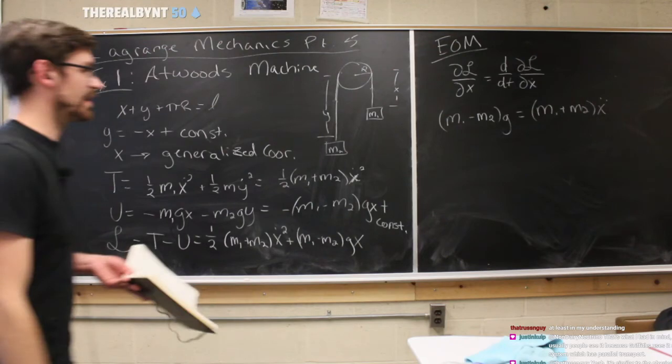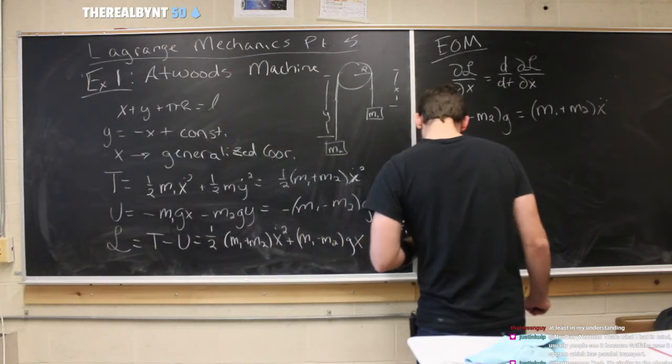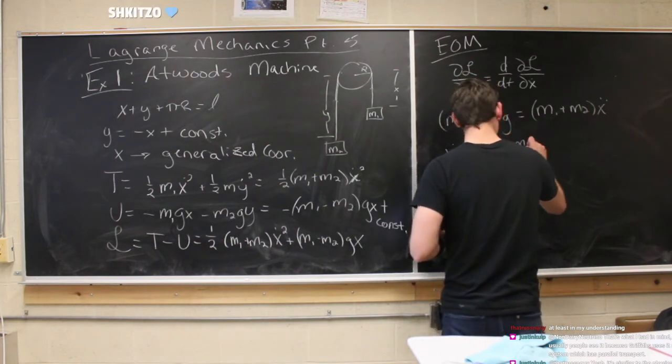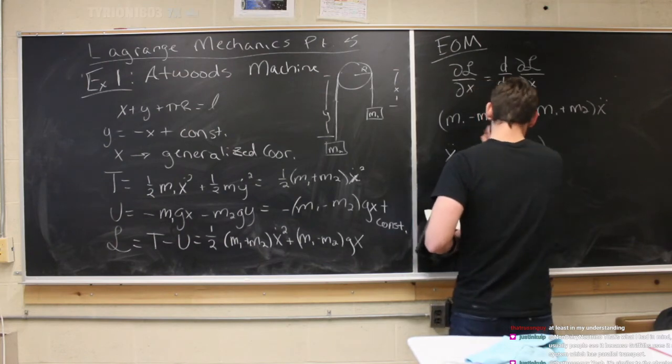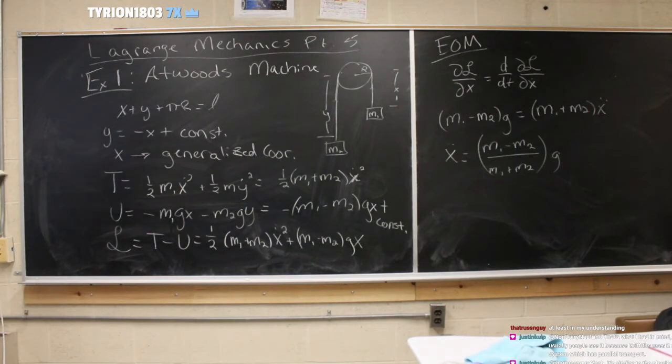And then we can solve for x double dot. X double dot is going to be equal to (m1 minus m2) divided by (m1 plus m2), and that quantity multiplied by g.